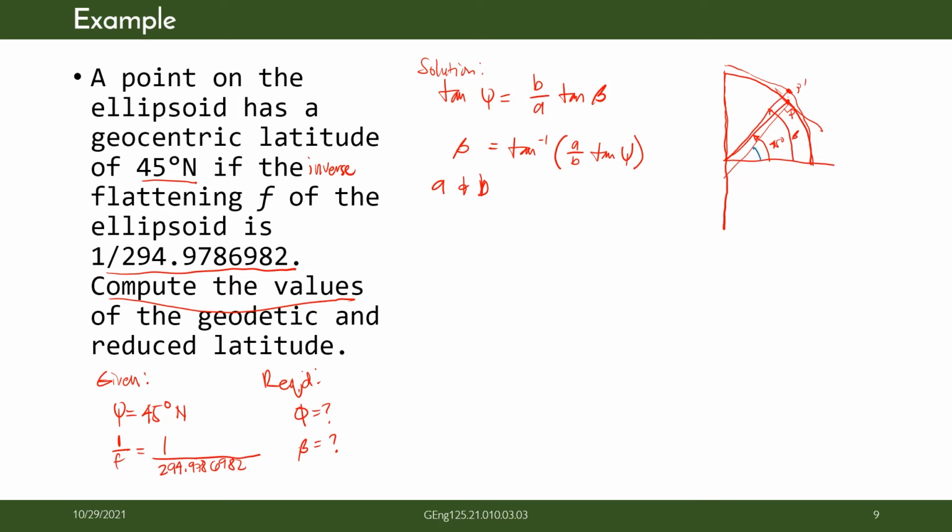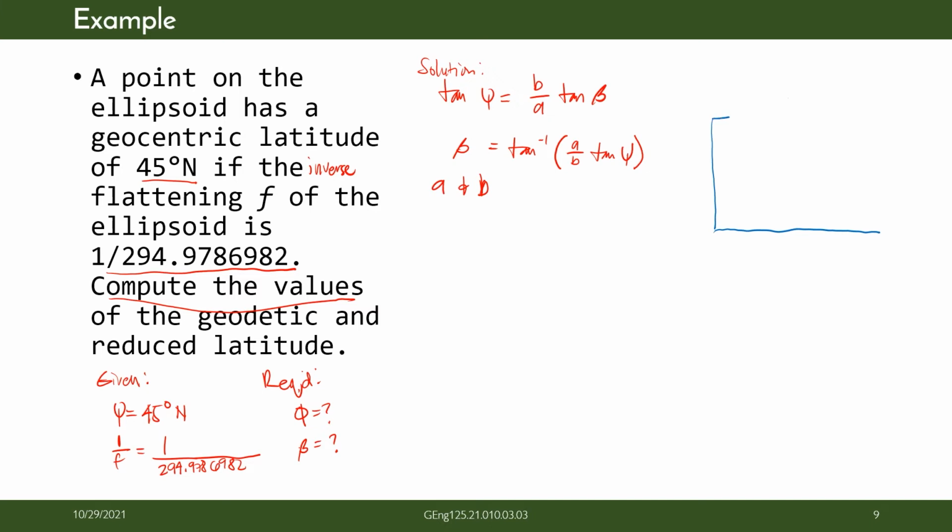This is your geodetic latitude, and this angle is your geocentric. Somehow the drawing is not clear. Let me redo it for you. Okay, let's try this one again.